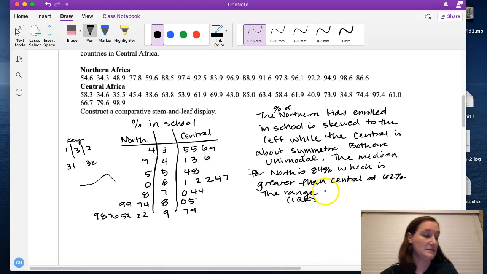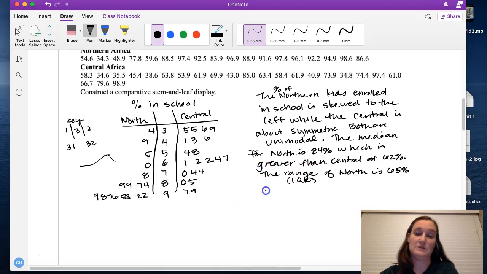You should not be lazy like me. So the range of north is 65%, which is about the same as central at 64%.